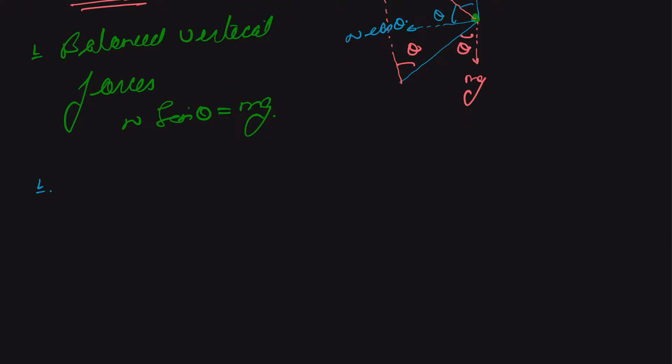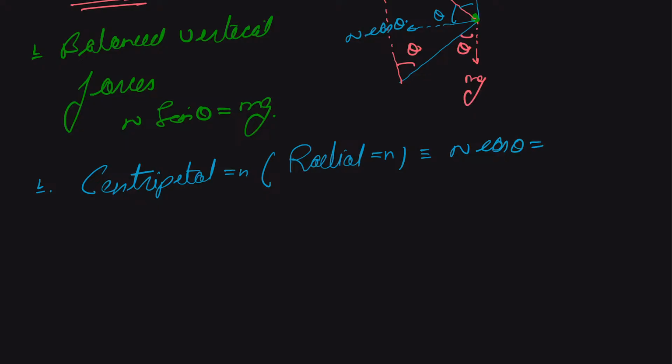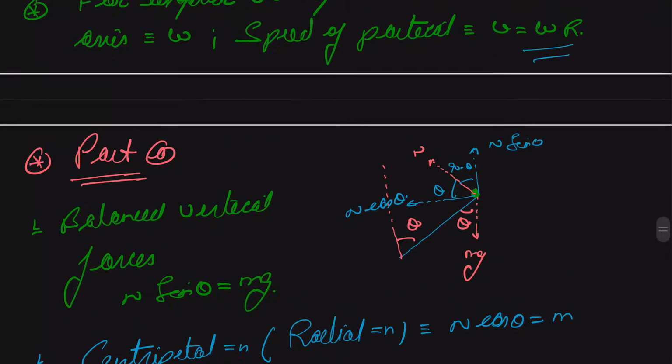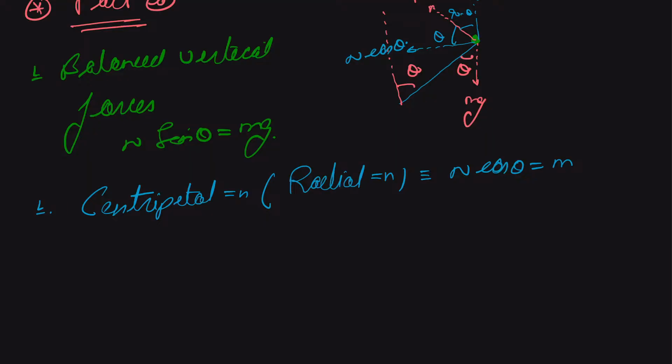So the centripetal, or radial, equation can be written as n cos of theta is equal to mv square upon r, and v we already know is omega times r, so that comes as m omega square r.